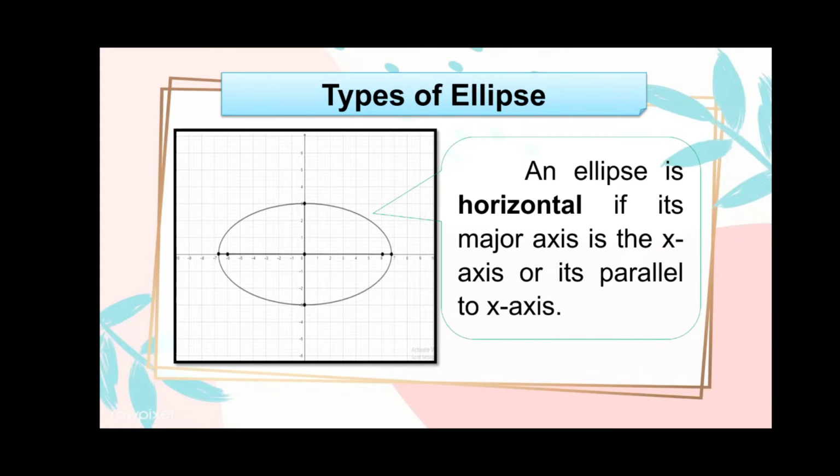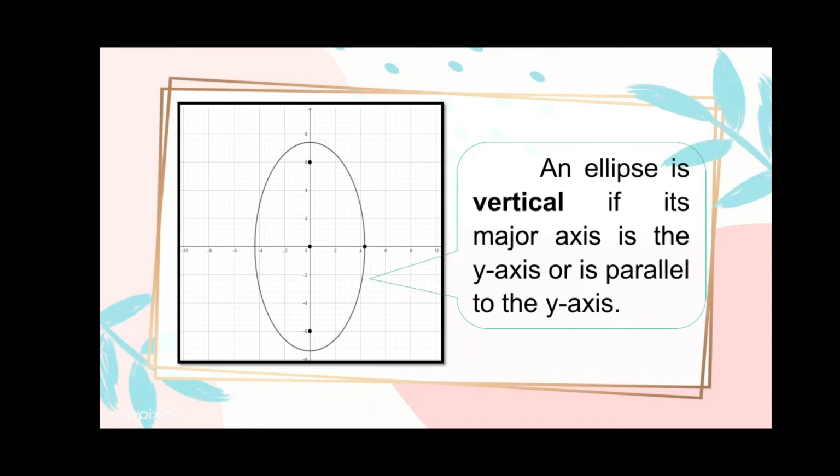So if we look at the image here, you can see that the major axis is on our x-axis. Remember the x and y in the rectangular coordinate plane, okay? An ellipse is vertical if its major axis, or the longer axis, is on the y-axis or is parallel to the y-axis.